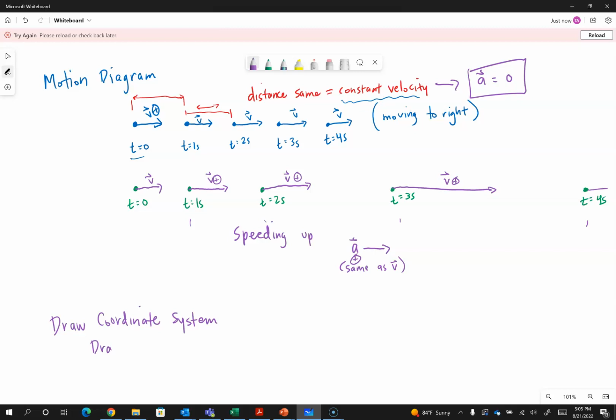Draw the arrows to represent velocity and acceleration, because saying they're positive or negative is based off of the coordinate system. I'm not going to walk through up or down, because it's essentially the same thing. We would just say up is positive and down is negative. That's still linear motion, so it boils down to the same thing.